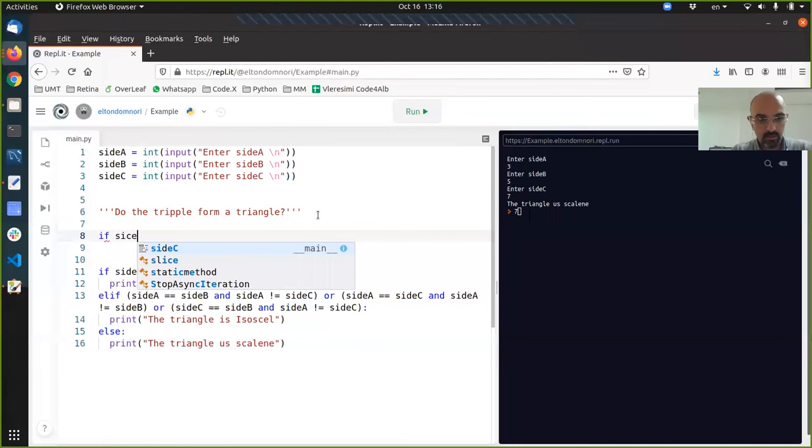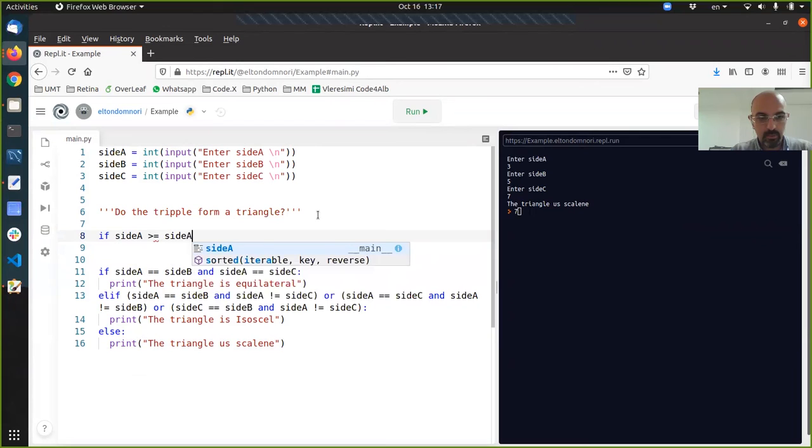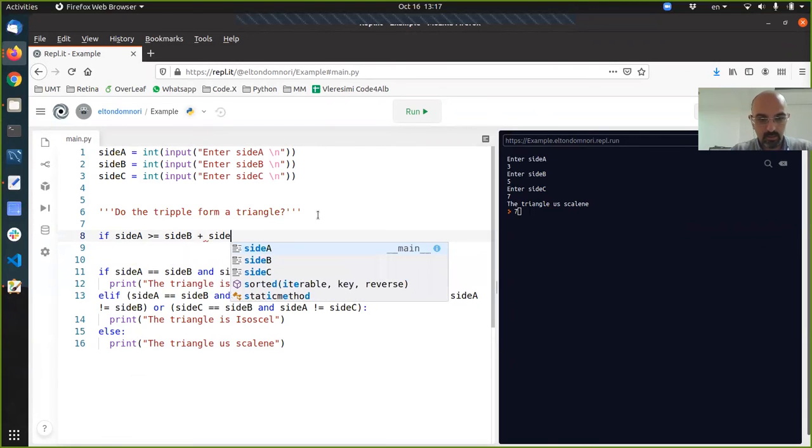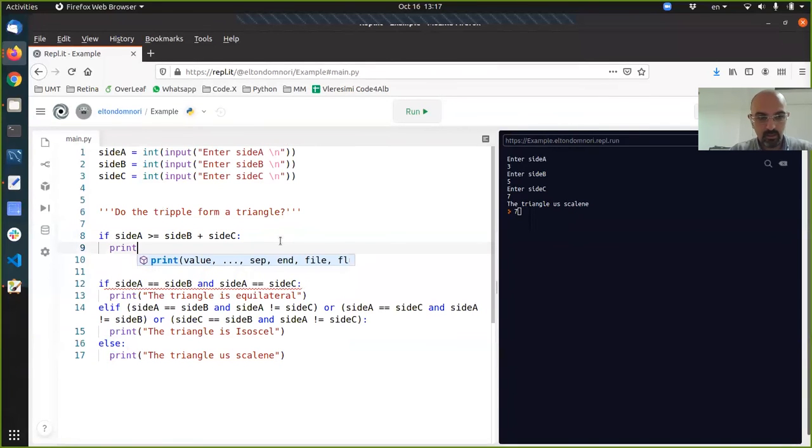If side A is greater than or equal to side B plus side C, this is one of the 3 options where the triple is not a triangle.